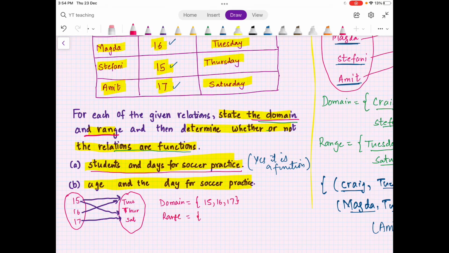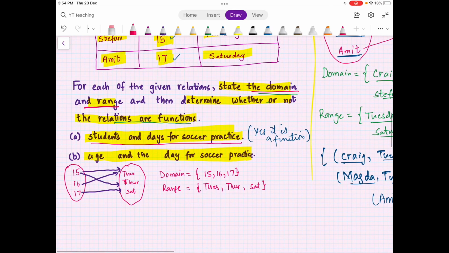Range here is Tuesdays, Thursdays and Saturdays. Now we have to see whether it is a function or not. The second representation can be like this: 15 with Tuesdays, then 15 with Thursday, then 16 with Tuesdays, and then 17 with Saturday. That is another way of representing the function or relation.